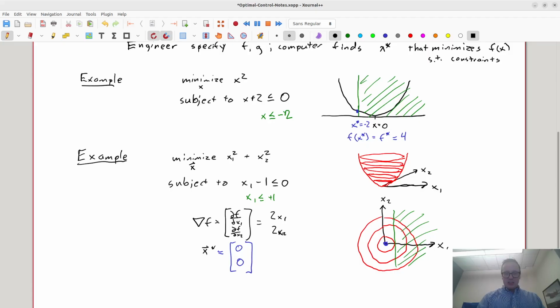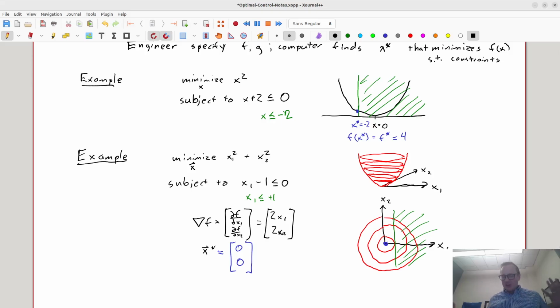So this is going to be 0 at x star equals 0, 0. Okay, so if we're in a feasible region where the constraint is not preventing us from getting to this local minimum, then that is the optimal point right there.